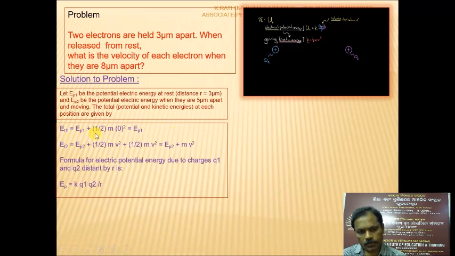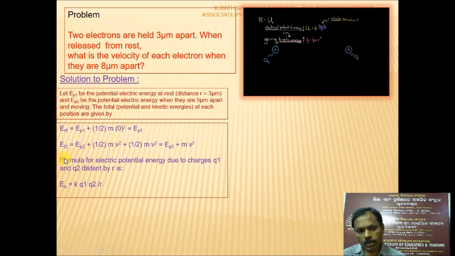E1, that is E initial at rest: EP1, the potential energy in the first case, plus 1 by 2 m into 0 square, which is equal to the potential energy of the first case. And in the second case, potential energy plus half mv square.